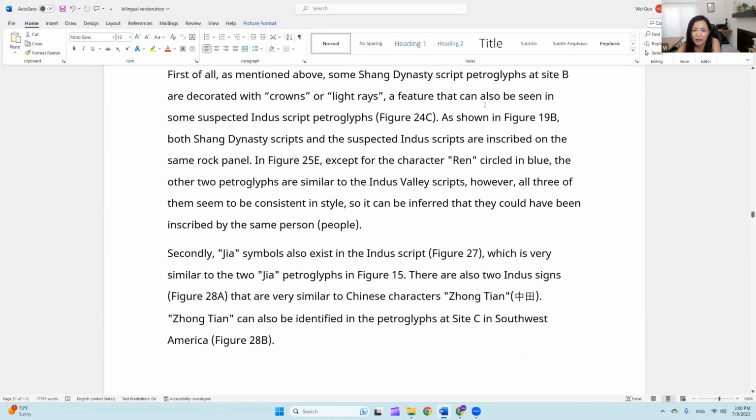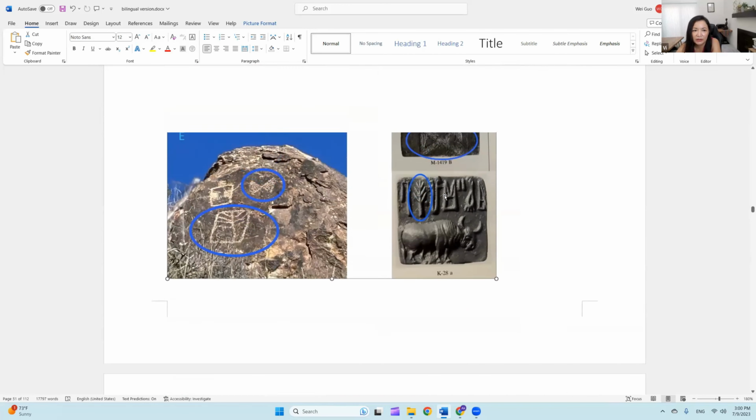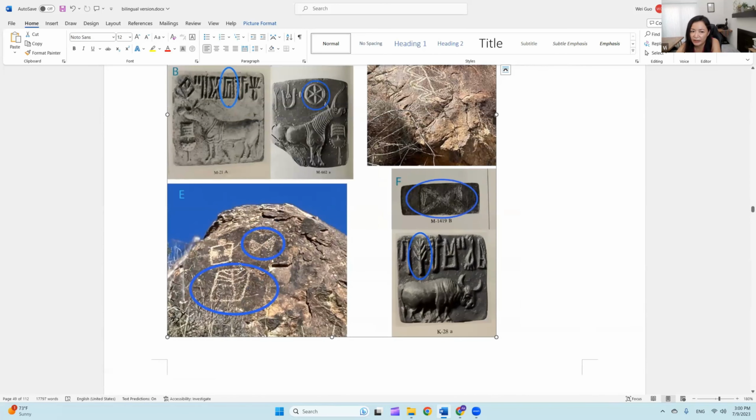As shown in figure 19b, both Song Dynasty scripts and suspected Indus inscriptions are inscribed on the same rock panel, like this one here, right? These two are similar to Indus scripts, but this one is the Song Dynasty king's title, Ren, with a crown.